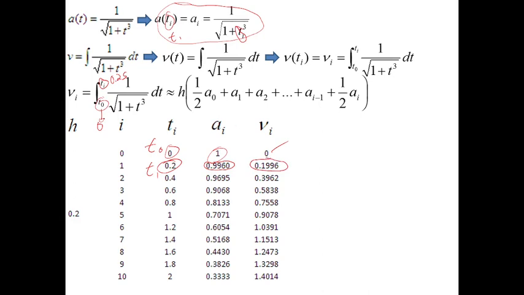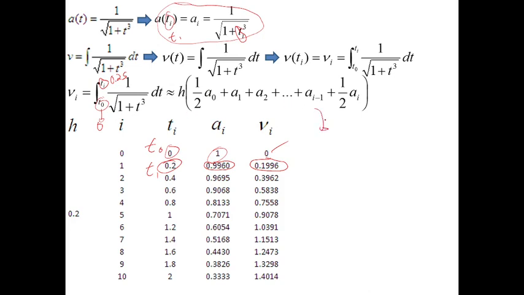And then, how did we arrive at 0.1996? Applying the formula, from t sub 0 to t sub 1, you'll have a sub 0 and a sub 1, right?